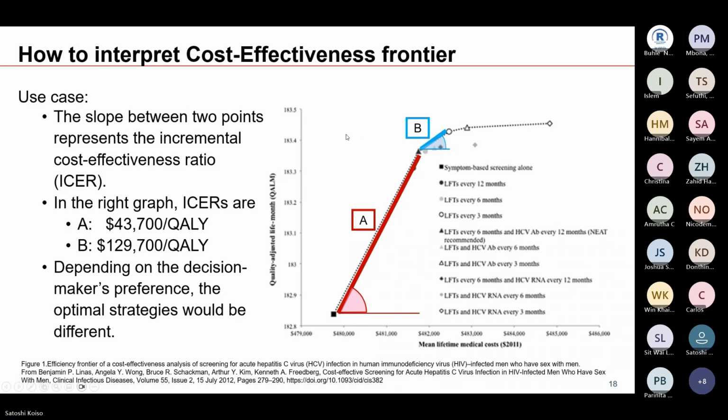Let's say A and B. In the right graph, the ICERs are around 44,000 per query for A, and around 130,000 per query for B. Depending on the decision maker's preference, the optimal strategy will be different.